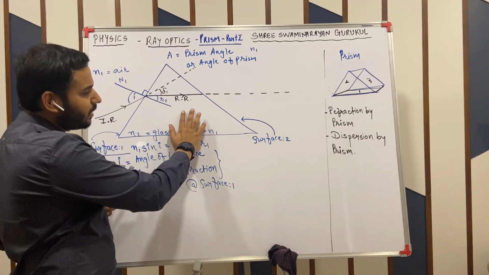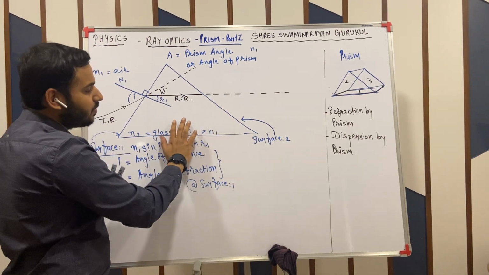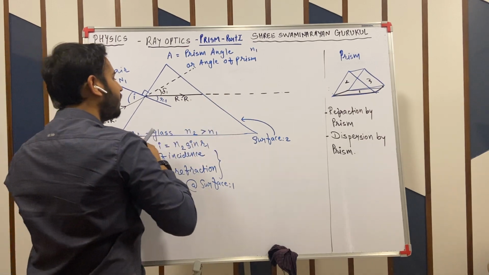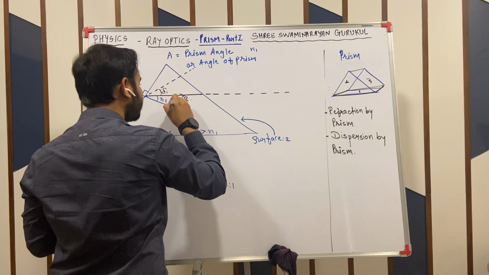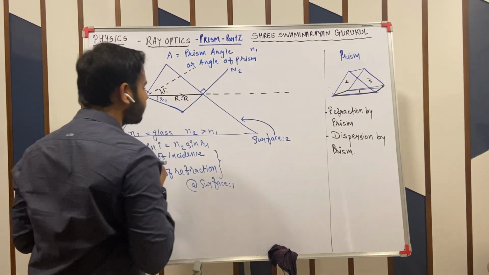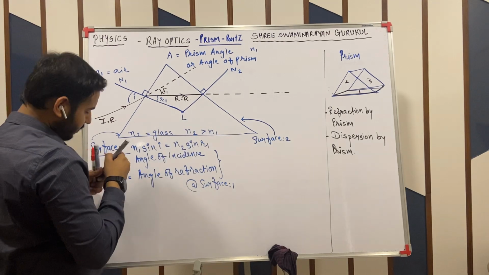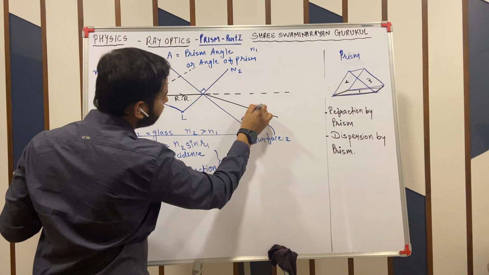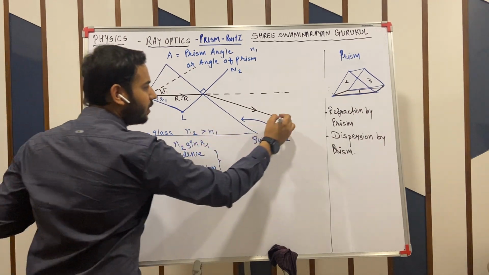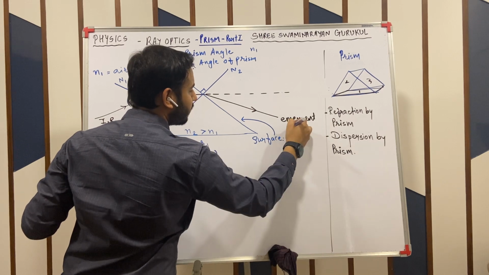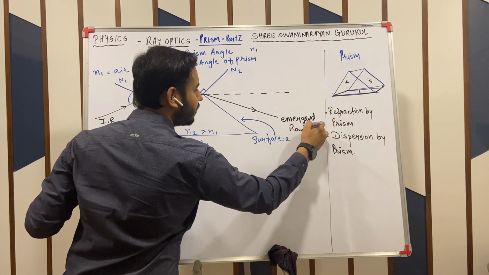And as it is coming out from surface 2, it means it is moving from denser to rarer. Let me draw a normal at this surface. Normal 2 at surface 2. This point, say L. Now the light ray is moving away from the normal. This ray is called the emergent ray, you can say ER.